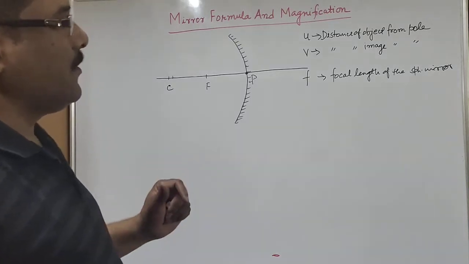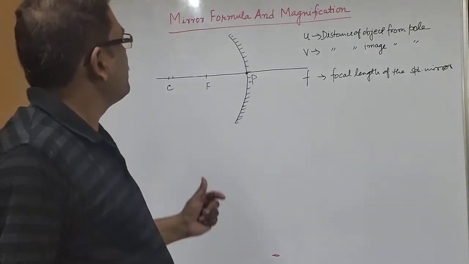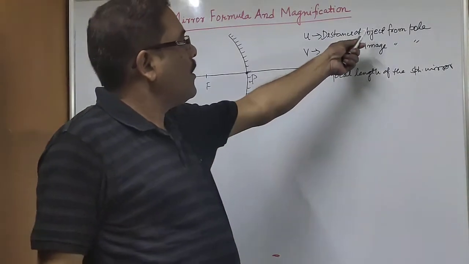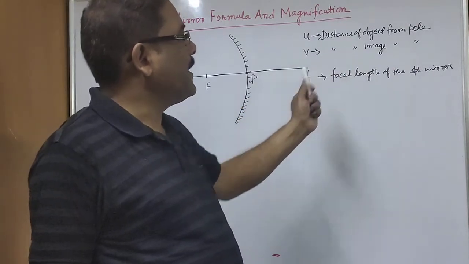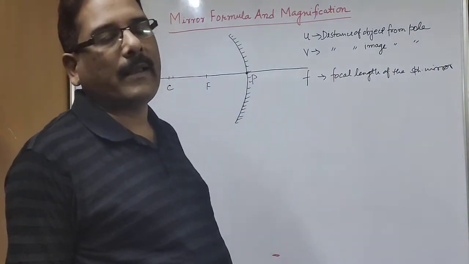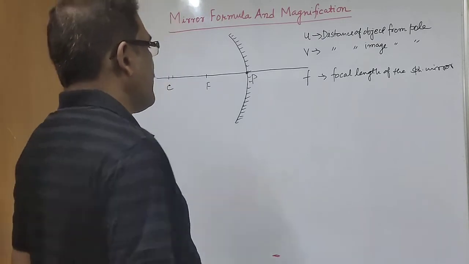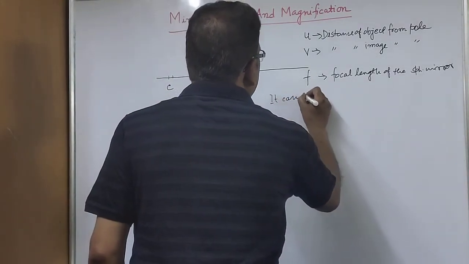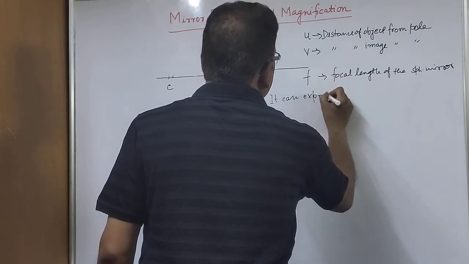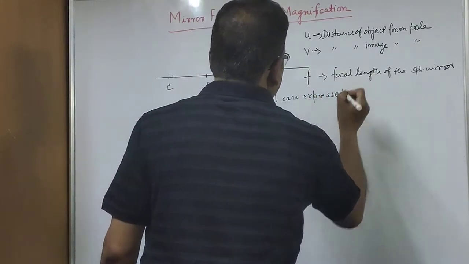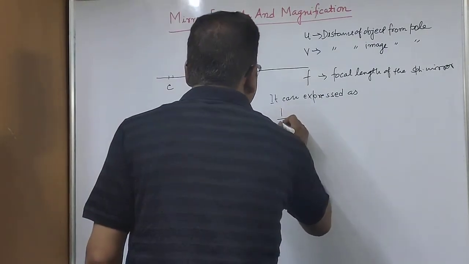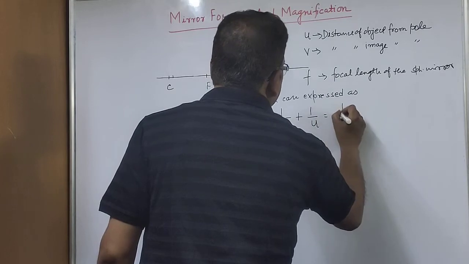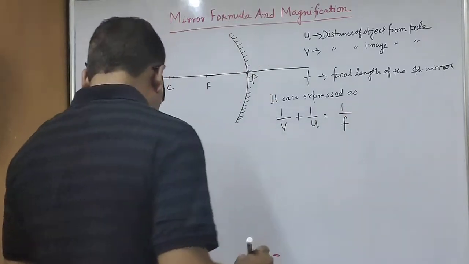So mirror formula is a relationship between object distance, image distance, and focal length of a spherical mirror, and it can be expressed as 1 by v plus 1 by u is equal to 1 by f.